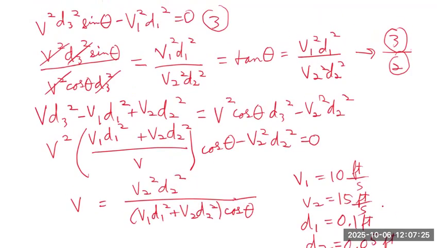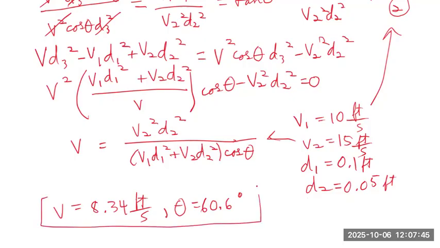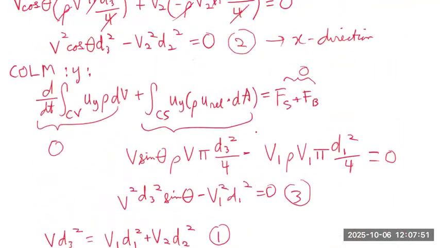So plugging all of these values into this equation and that equation, we have that V is equal to 8.34 feet per second, and theta is equal to 60.6 degrees. And this matches the given answer.